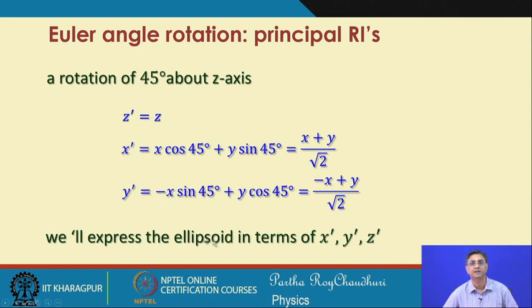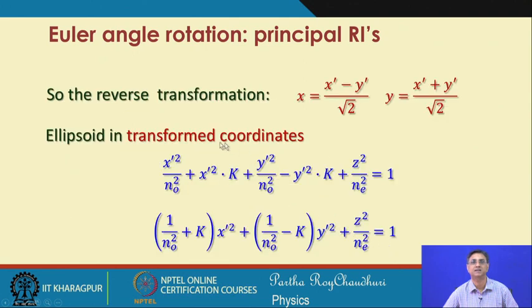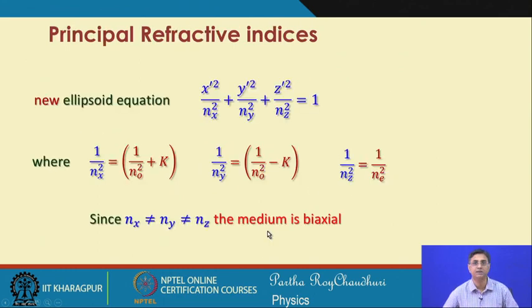If I do that, then the coordinate transformation will be related by this equation, but we want to express x y z in terms of x dash, y dash and z dash, and by doing that we get x equal to this, y equal to this and z equal to z prime. If we substitute back into the ellipsoid equation, we end up with the new ellipsoid equation, which involves n x, n y, n z.